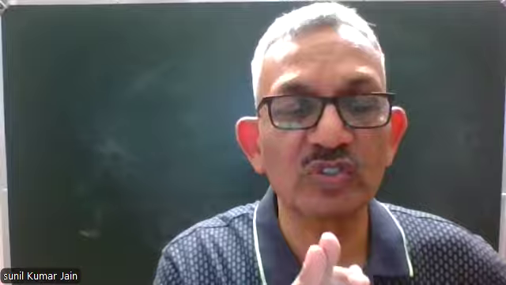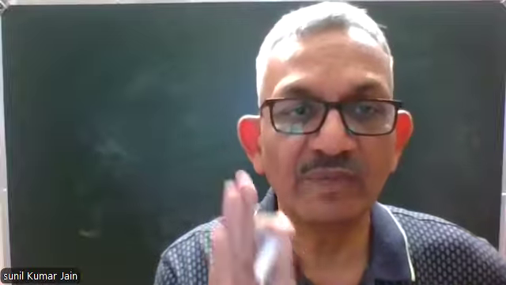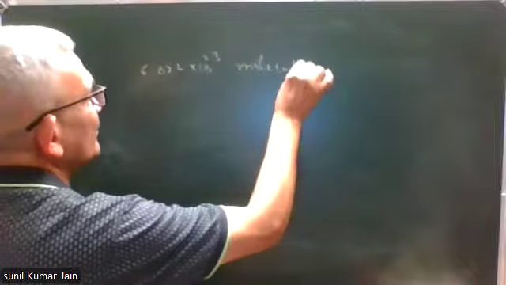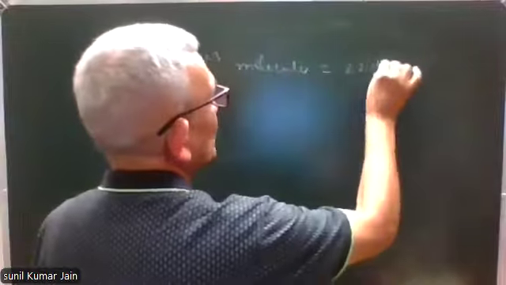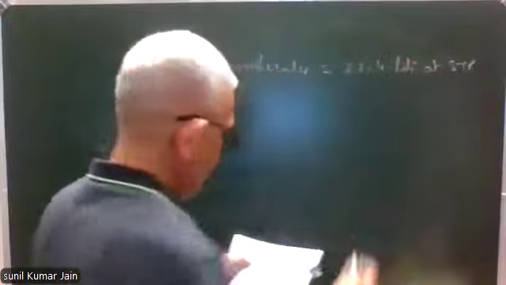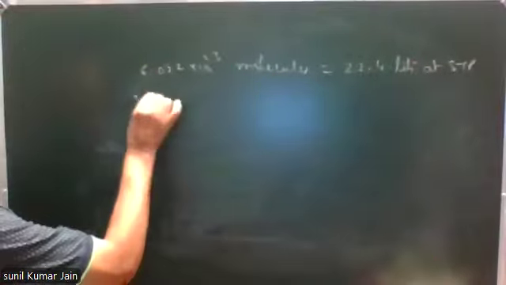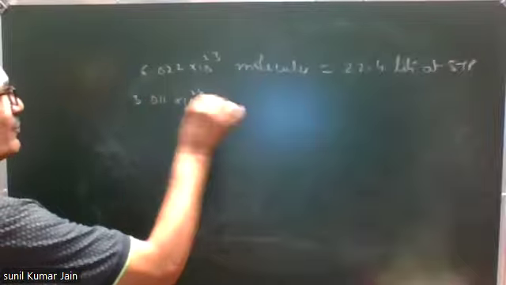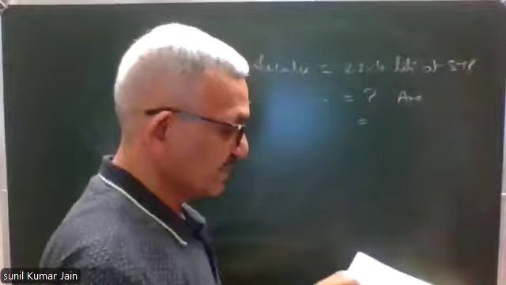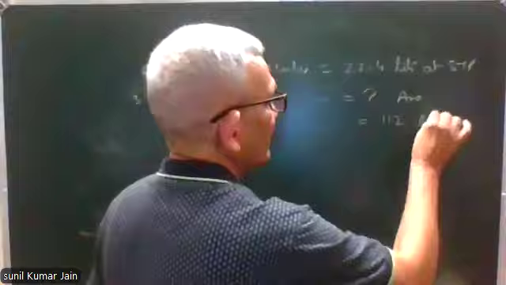Avogadro number of molecules will be 1 mole, and 1 mole of any gas at STP will be 22.4 liters of volume. So I can say 6.022 into 10 to the power 23 molecules will be 22.4 liters at STP, and we are given 3.011 into 10 to the power 24, which will be how much? That will be the answer. Let me tell you, the answer will be 112 liters.